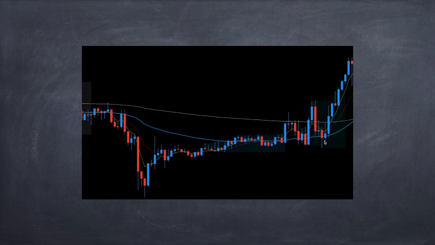The setup actually happens during the London session right here. Okay, and you can see basically this is the middle of the range right here. So this is essentially a type 3 setup that goes up. But you see essentially the setup that provides that for you is the spike down, come back up, 15 to 25 pips, and then they just move sideways, sideways, sideways, and then boom, they take off.